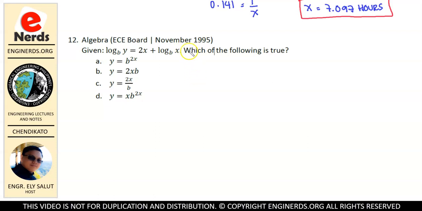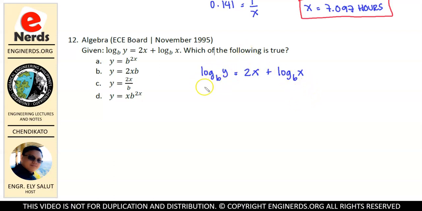Susulat ko muna yung ating equation. So, we have the logarithm. Oh, sorry. I will use blue para hindi tayo nalilito. Hindi iba-iba yung kulay natin, ano. So, I will have the logarithm of y to the base of b is equal to 2x plus the logarithm of x with the base of b, no?